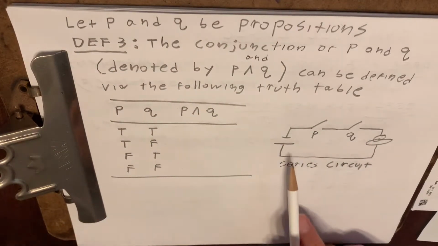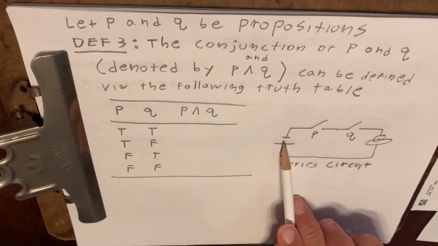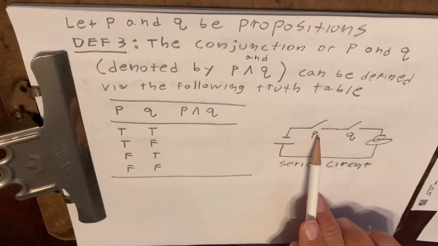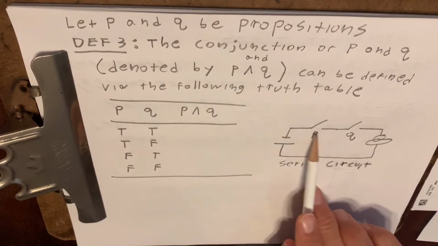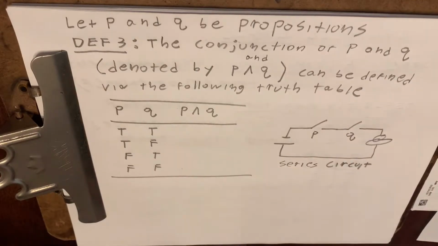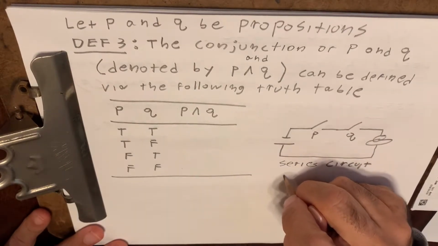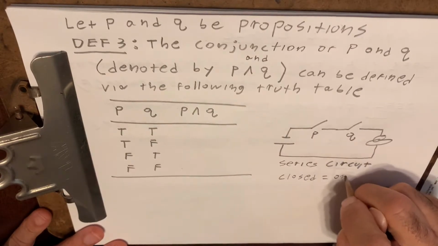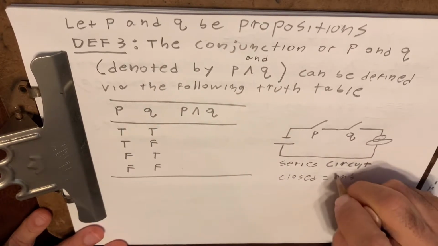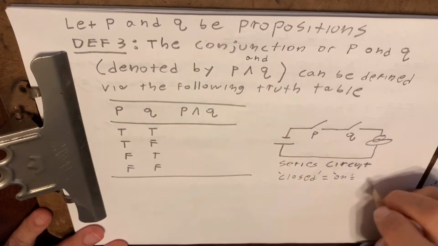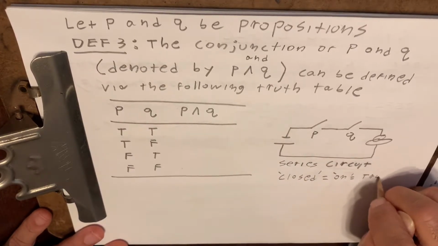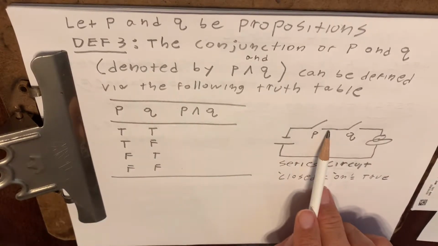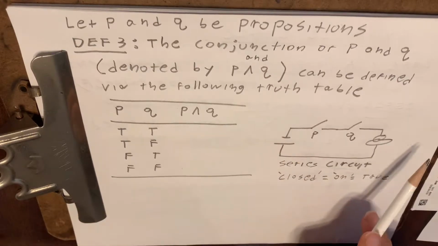If you think of electrons flowing through this circuit, you'll notice that both P and Q have to be in the closed position. Closed is equivalent to true, or we could say on. If P is on and Q isn't on, the electrons won't flow.